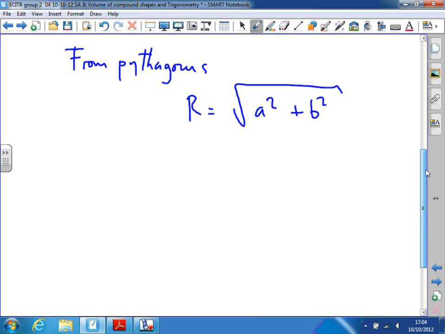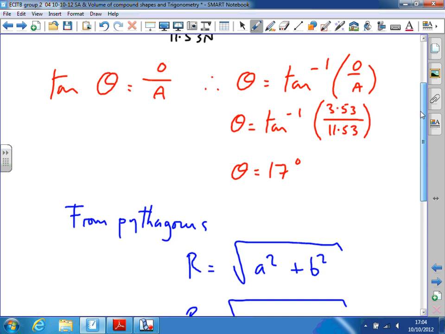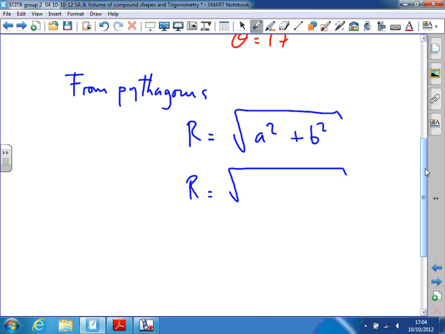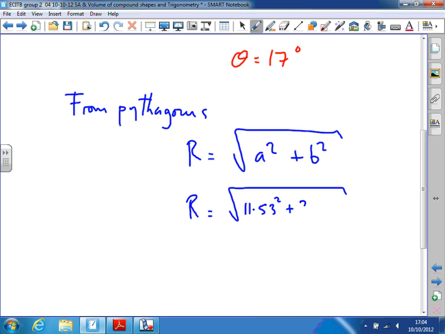So R equals the square root of 11.53 squared plus 3.53 squared. So R equals the result in newtons. So that's the calculation.